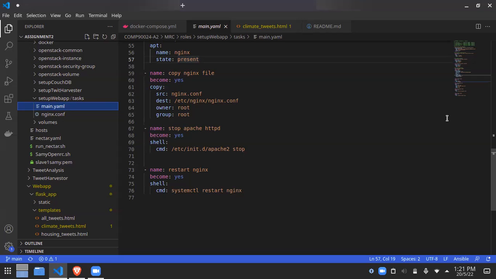And what we do here for the web app is we connect our web app server, which is the same flavor as the other servers, with 2 virtual CPUs and 9 GB RAM, with the master server. So if you want to visualize it, you can visualize it as a Y, with the top being slave nodes, the center being the master node, and the lower dash being the web server.